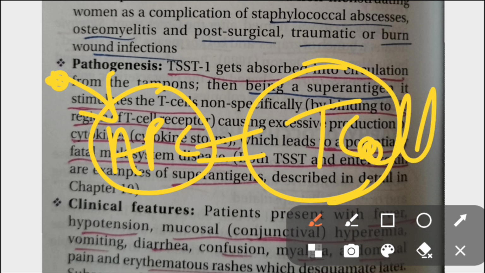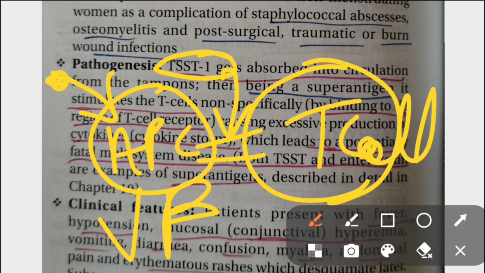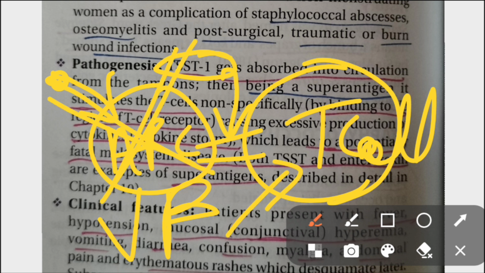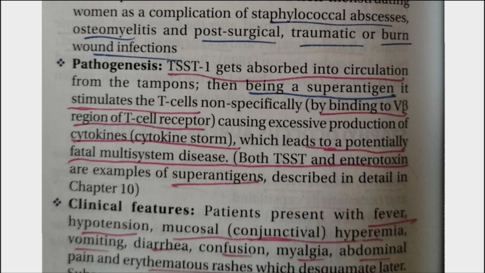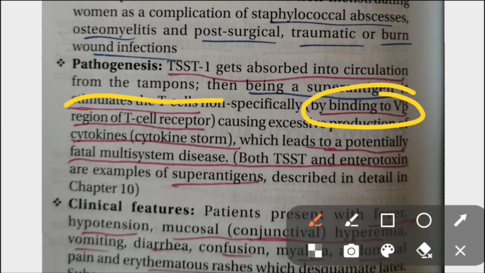But as TSST is a super antigen, it directly binds to the V beta region and stimulates the T cell. It does not require an antigen presenting cell because it directly binds to the V beta region of the T cell receptor.